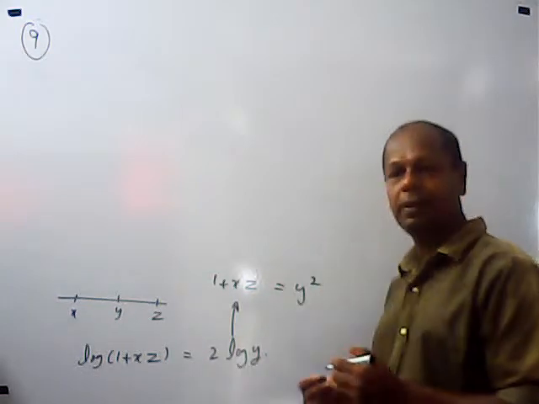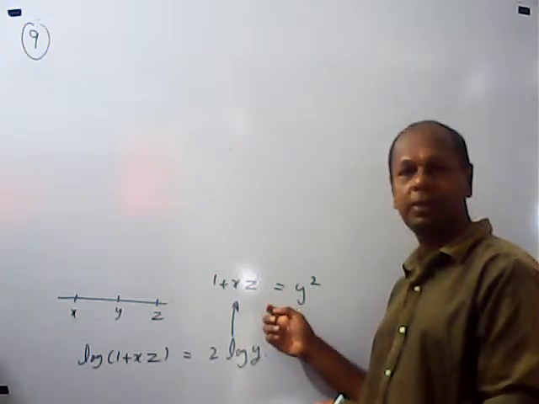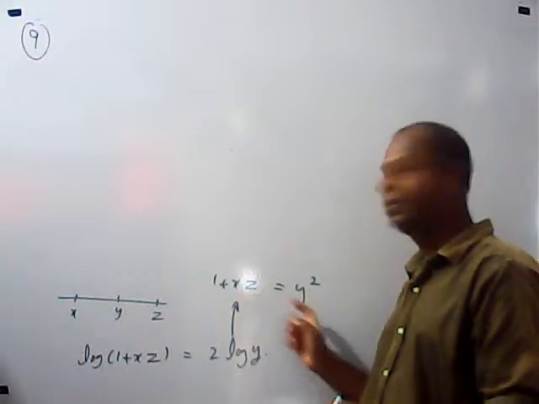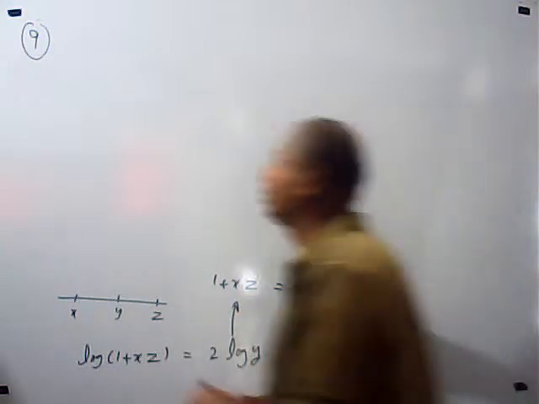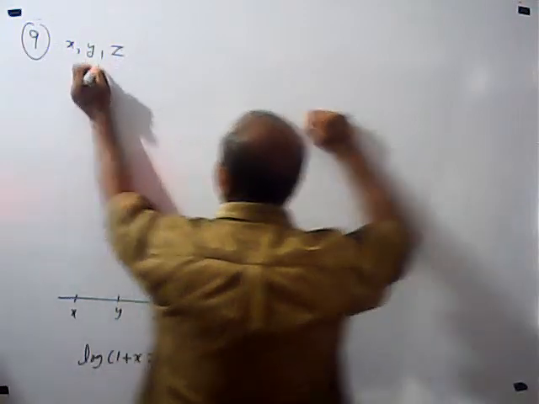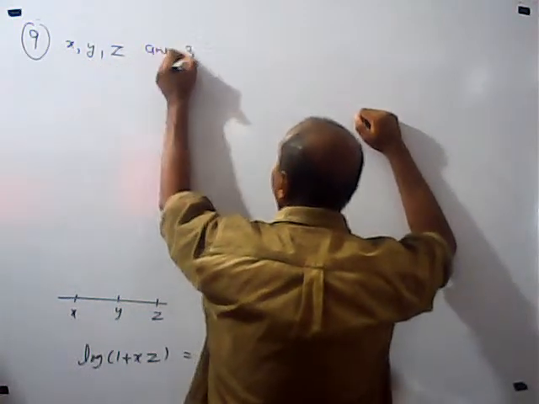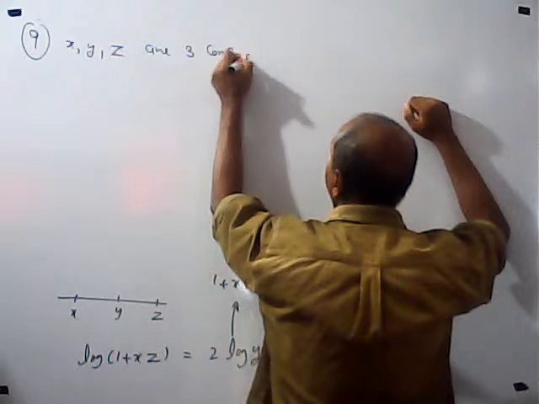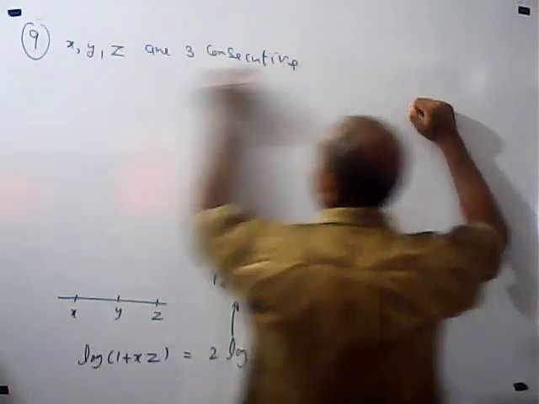So that's what you need to take to get x and z in terms of y. So it's easy. x, y, z are three consecutive integers, positive integers.